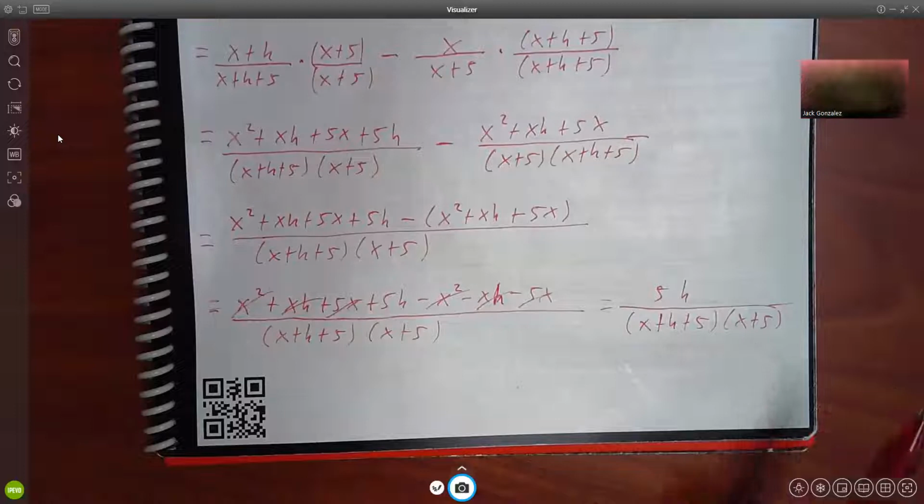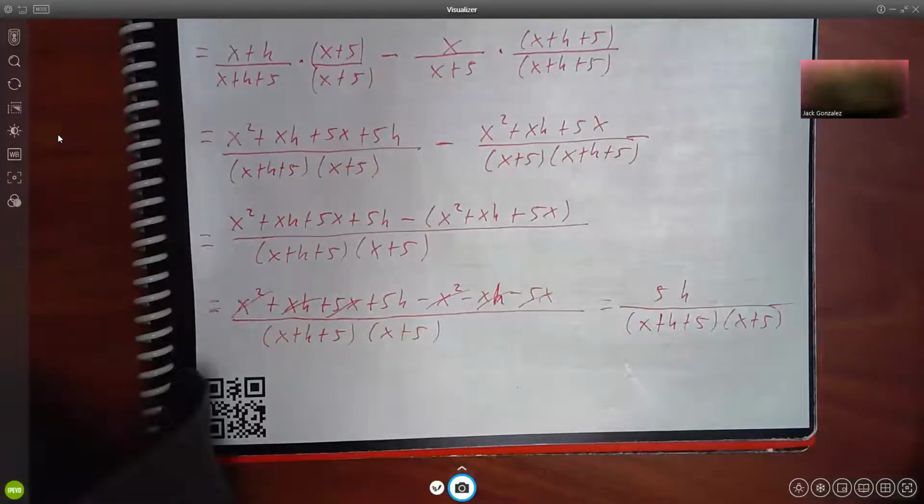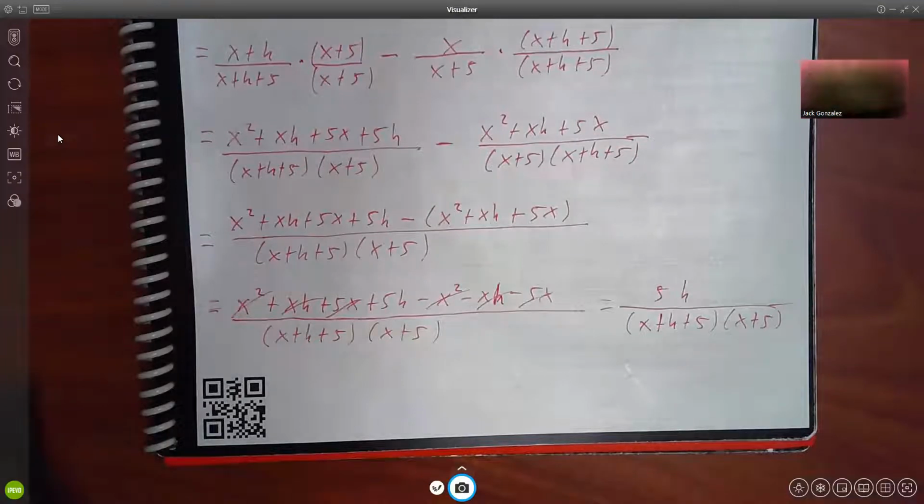Step 3 is divide by h. That's that final part. What canceled on top would be dependent on if we actually pull it out of the bottom.